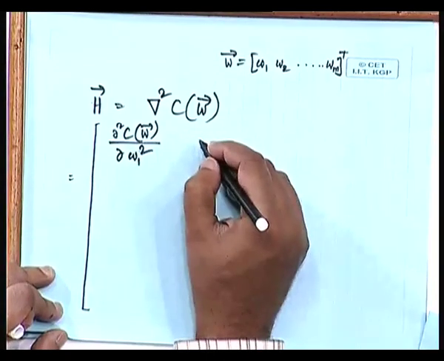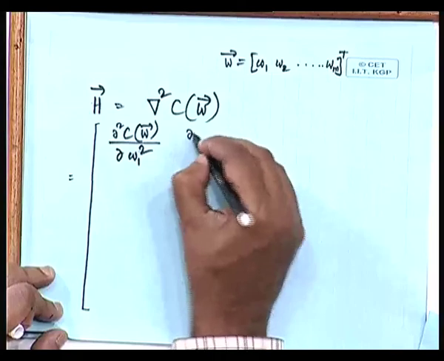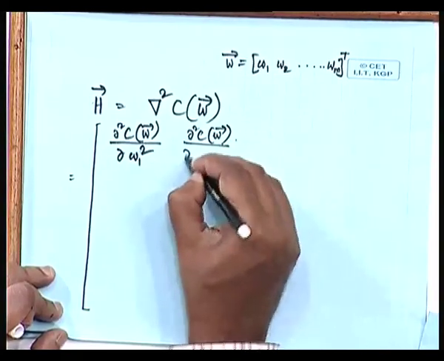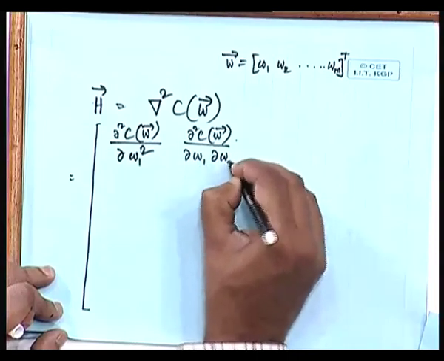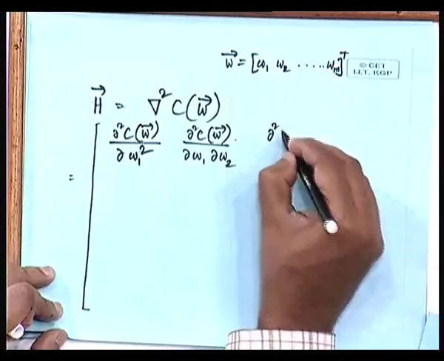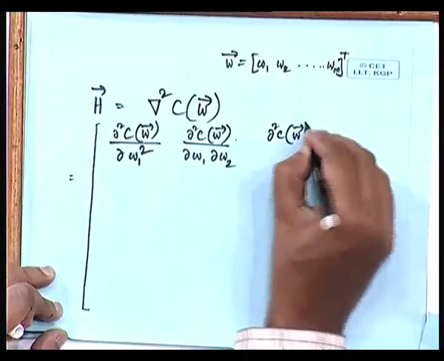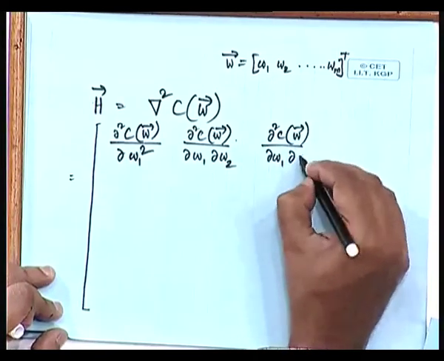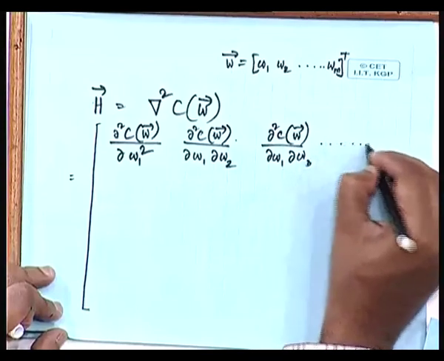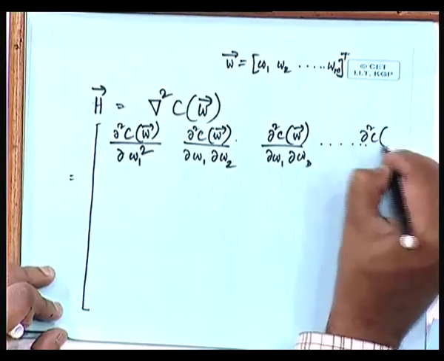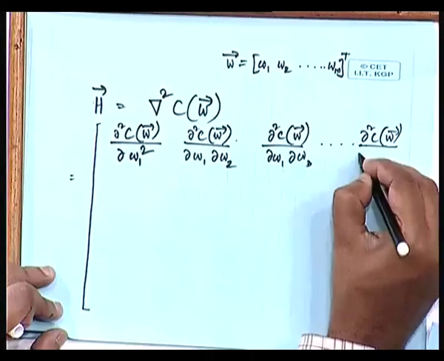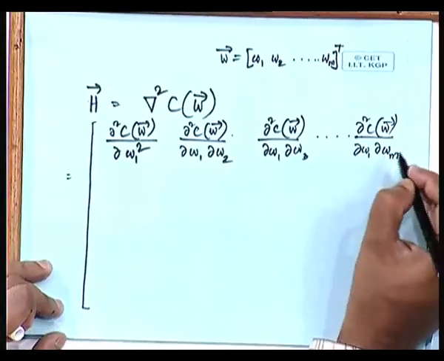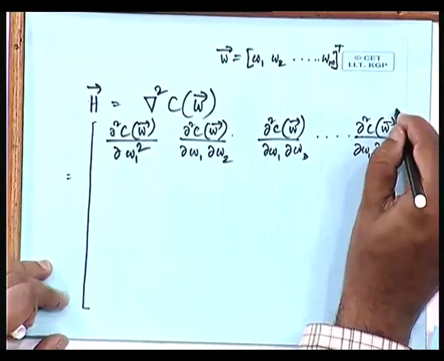What will be the next term? Correct, del square by del W1 del W2. What is the next term? Yes, del W1 del W3, and the last term will be del square C of W by del W1 del W m, because we are considering an m by m matrix.